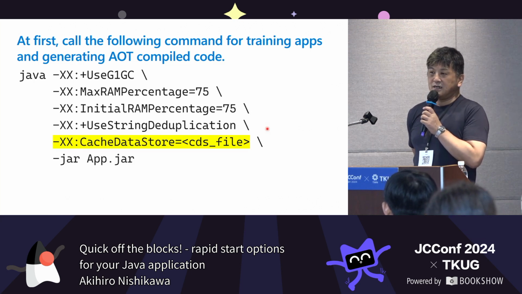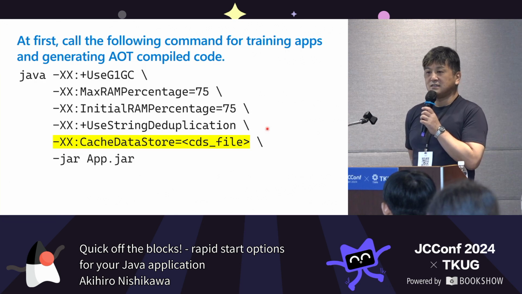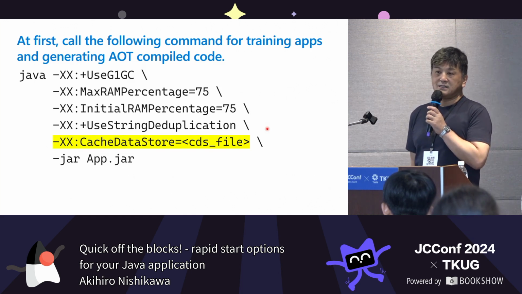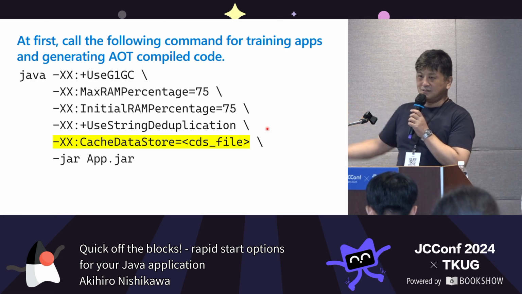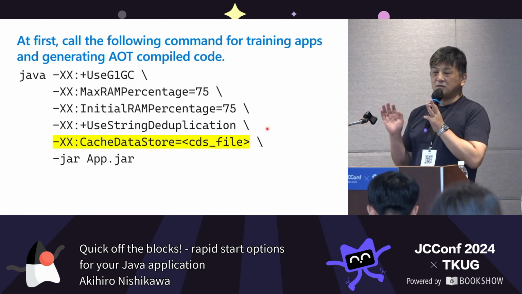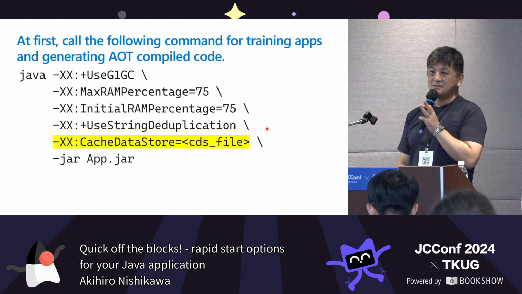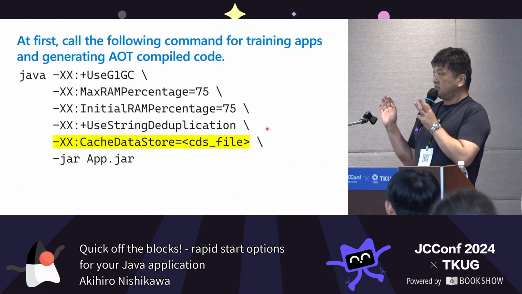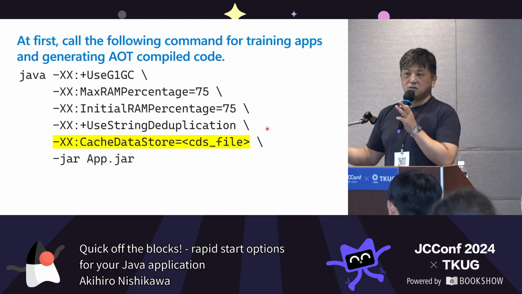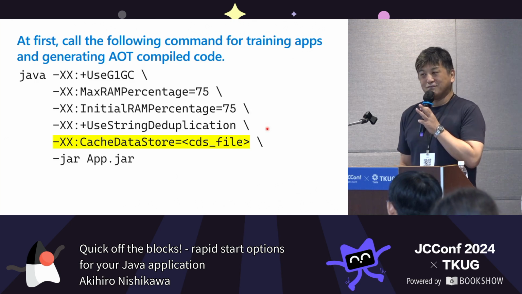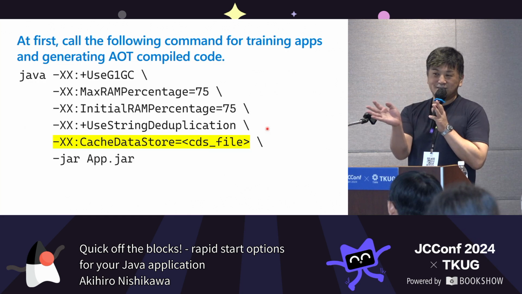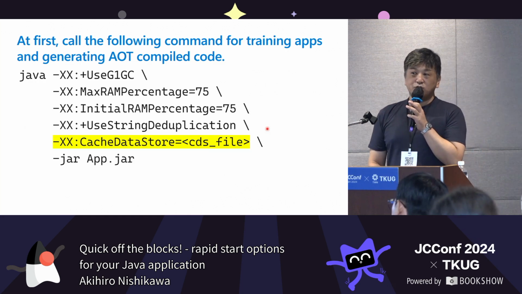I talked about CDS, class data sharing, but the name of CDS is changed when using Leyden. In the case of Leyden, CDS stands for cache data store. The contents are similar to normal CDS, but the definition is changed. So please be careful when you explain this to others to watch the word CDS.